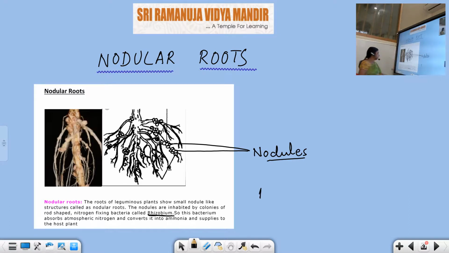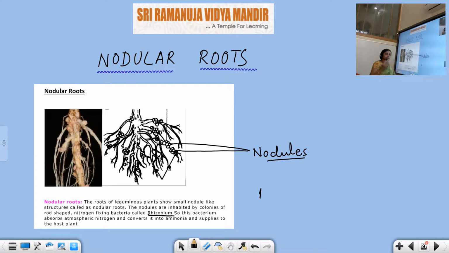So this bacterium absorbs atmospheric nitrogen and converts it into ammonia and supplies it to the host plant. This is how the function goes. These roots have nodule-like structures, and in these nodules, Rhizobium bacteria are present.